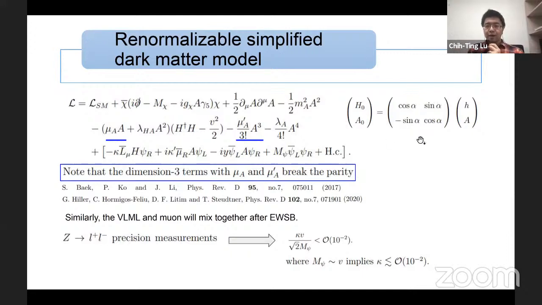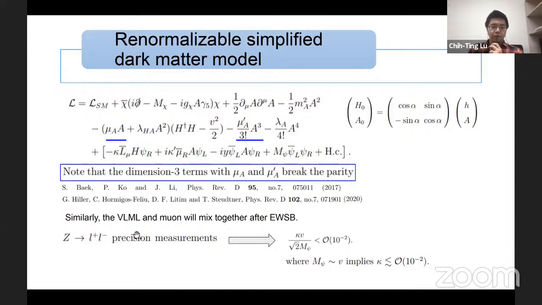After spontaneous symmetry breaking, the small a and capital A will form the mass eigenstates H0 and A0. Similarly, this vector-like muon lepton and the muon will mix together after EWSB.